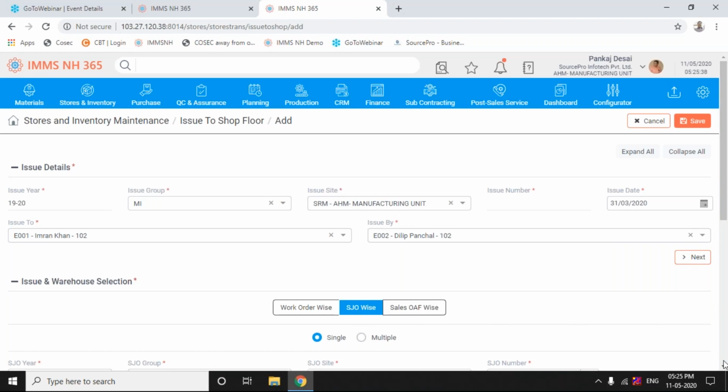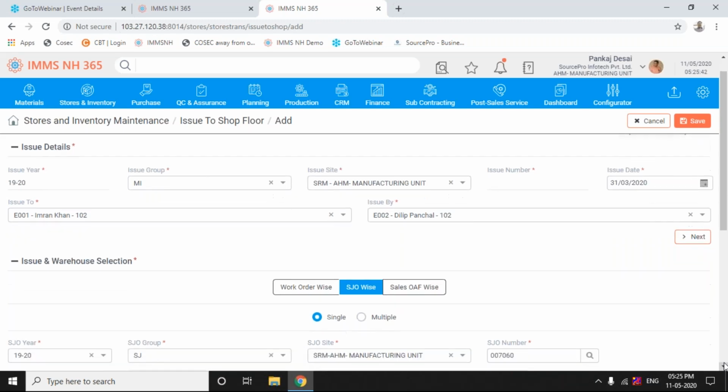All this is because, as you may recall, a sales OAF will have multiple items to be dispatched to a customer. For that, there may be multiple SGOs, and against multiple SGOs there will be a hierarchical structure, so there may be multiple work orders.